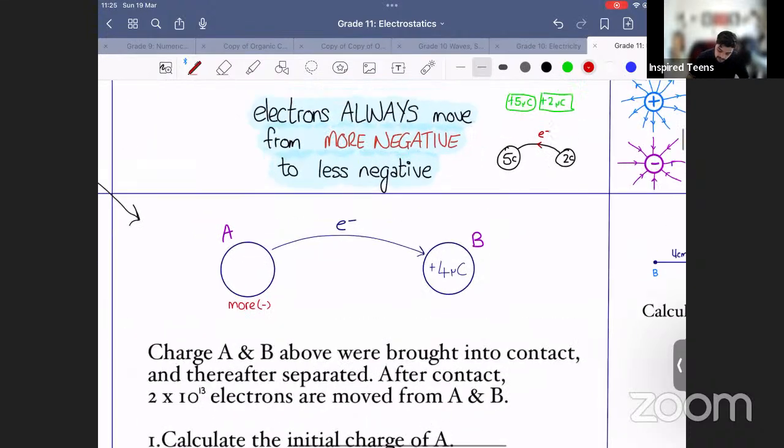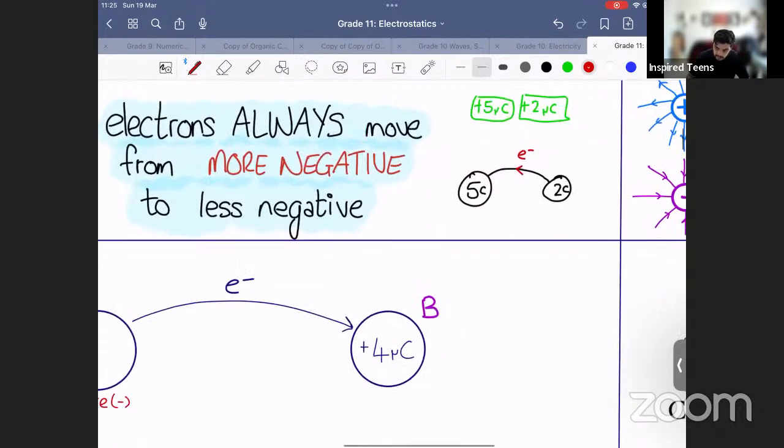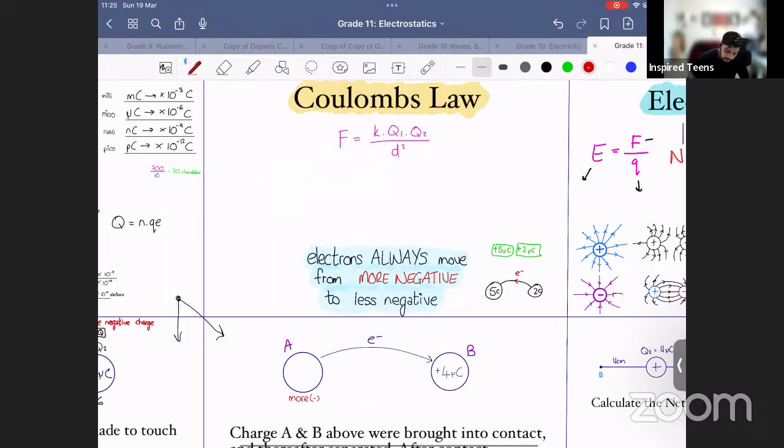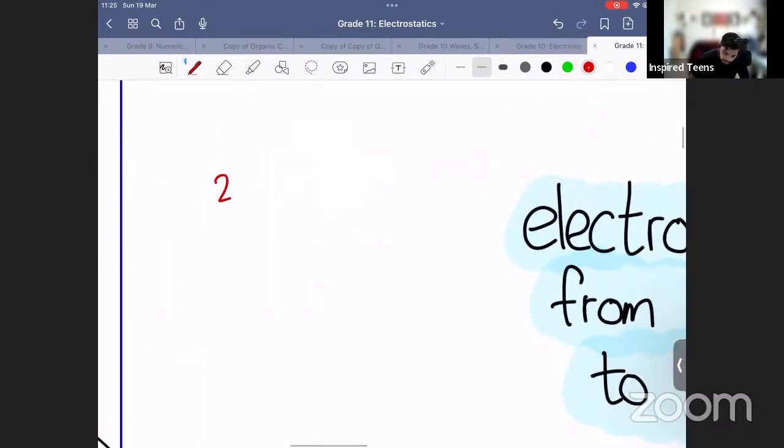Okay, did we discuss the difference between more and less negative? I think we did at the end of the last lesson, right? Tell me, people, what is more negative between 2 and 5? Correct. 2 is more negative because it's closer to 0.